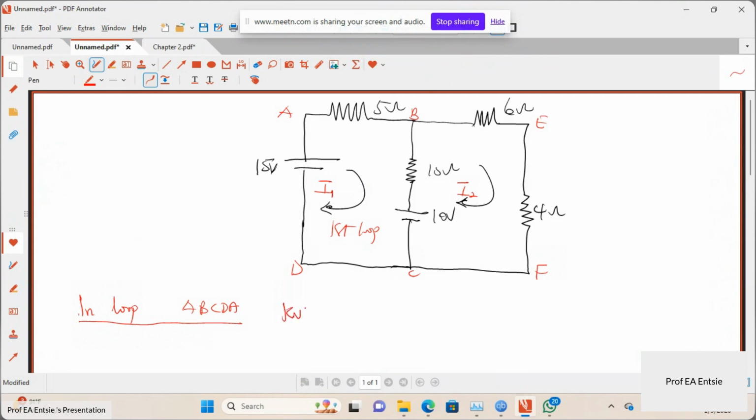So with the first loop, I'll write KVL for it. KVL means the summation of the voltage drops equals the sum of EMF.